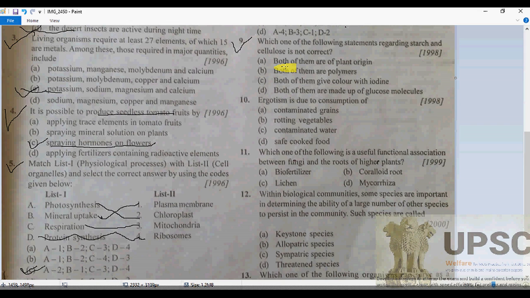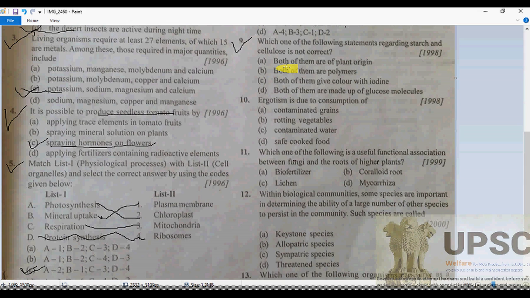Starch is deposited in plant cells, whereas cellulose is the most important constituent of the plant cell wall. Both starch and cellulose are polymers. Starch is a branched polymer of alpha-D-glucose units linked by alpha 1,4 glycosidic bonds. Cellulose is a linear polymer of beta-D-glucose units.